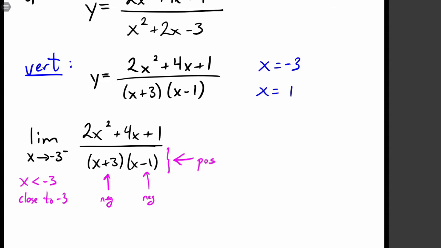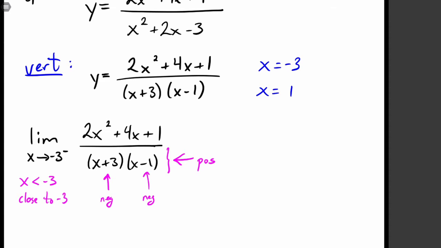Well, if we could factor the top, we could do the exact same thing we did on the bottom. But here we can't factor the top. What we can do is actually just plug in negative 3. Because the bottom we can't do it, but if we plug it into the top, it's going to stay the same sign when you're really close to negative 3.